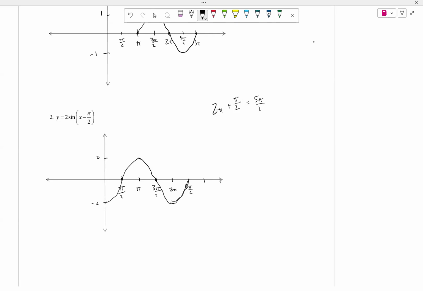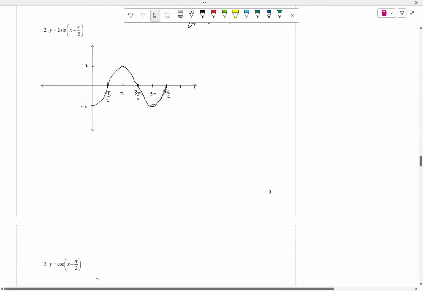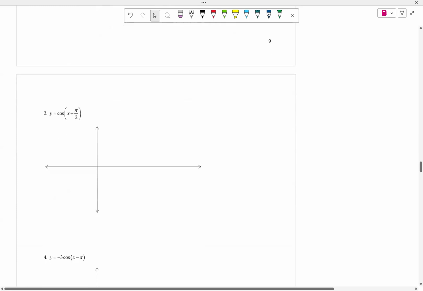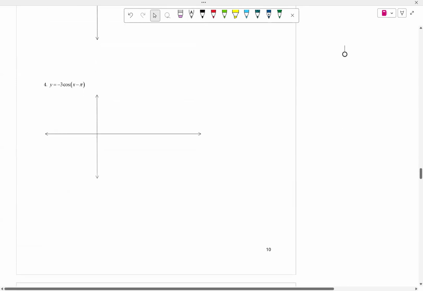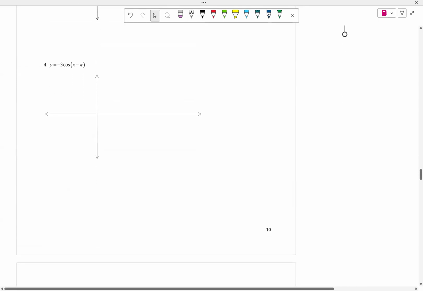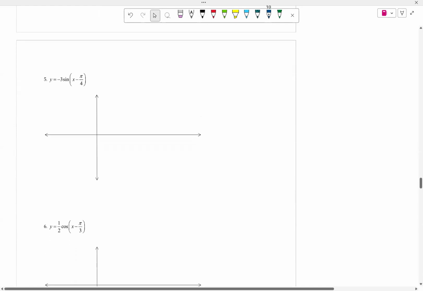Negative 2 cosine, of course. So either way. Thank you, Mamie. Three is a cosine that shifted to the left. I don't want to do that. 4 is a cosine that has been flipped over the x-axis and shifted to the right. So I don't want to belabor the points. I really want to just make sure you could do these.